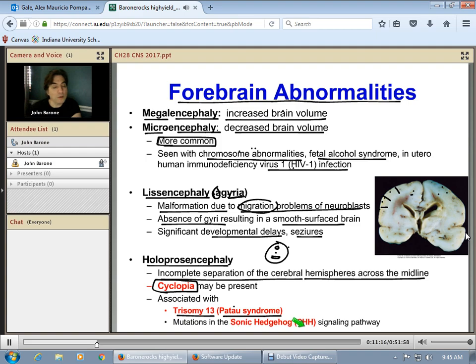And also, it occurs in Sonic the Hedgehog, because the Sonic the Hedgehog pathway is important for lateralizing right versus left. So if I have mutations in Sonic the Hedgehog, I can't know right versus left, so I make one brain. I don't know right from left, so I often get cleft lip, just like Patau's. And I often make too many fingers, polydactyly, just like Patau's.